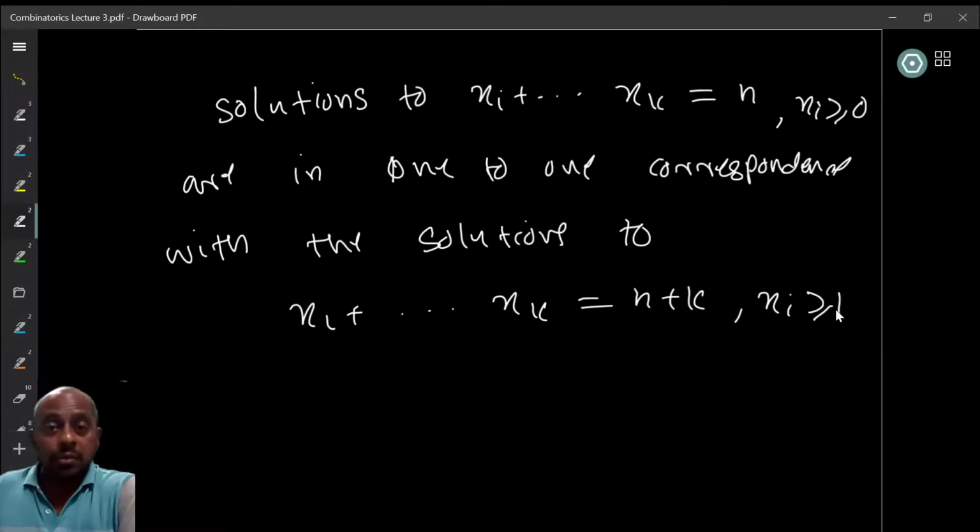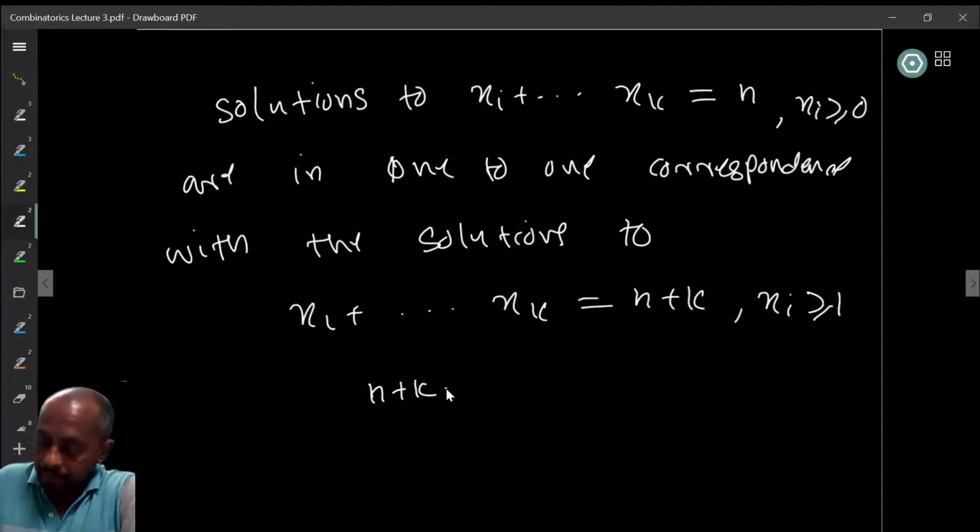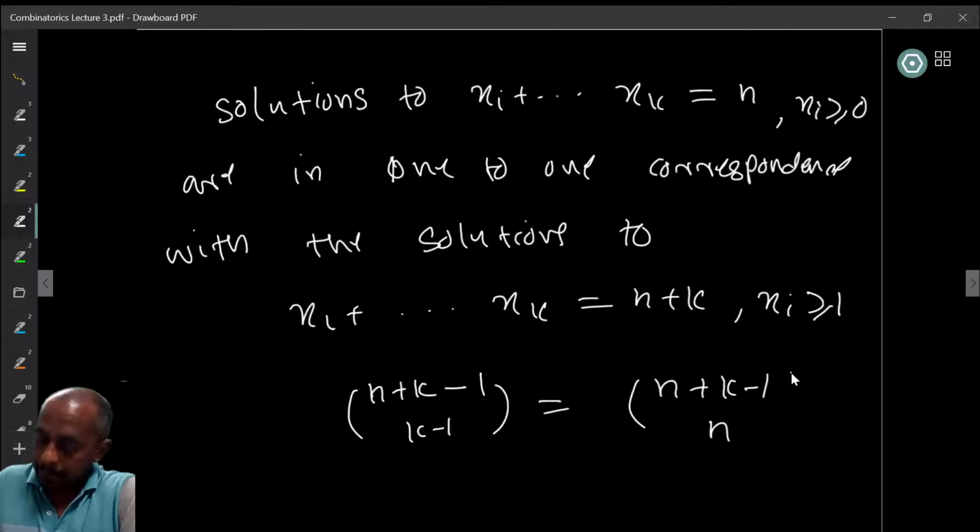And we know how to do this because we just did it in the previous exam, right? It's basically whatever that number n plus k minus 1, choose k minus 1, right? Which is equal to n plus k minus 1, choose n also, right?